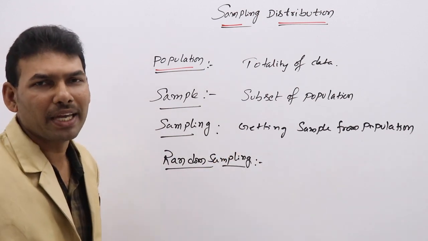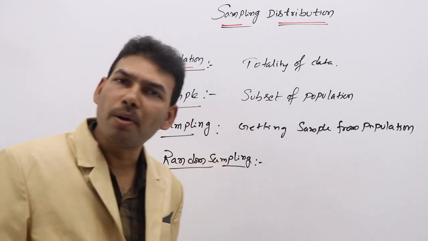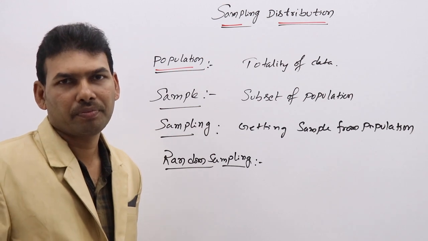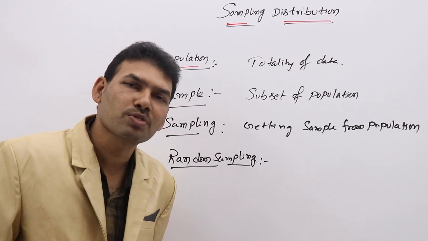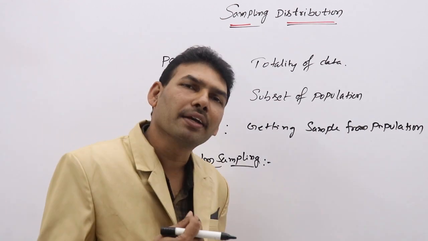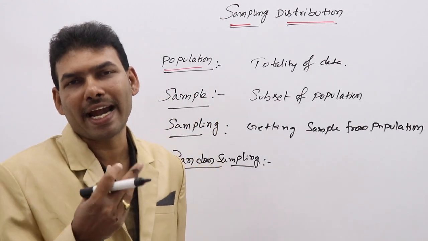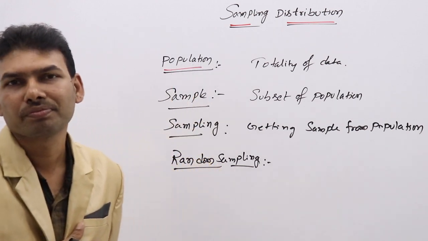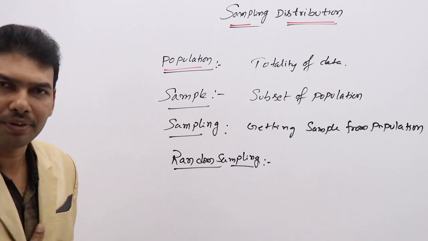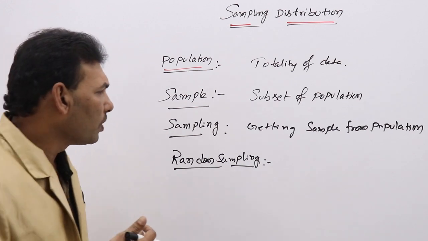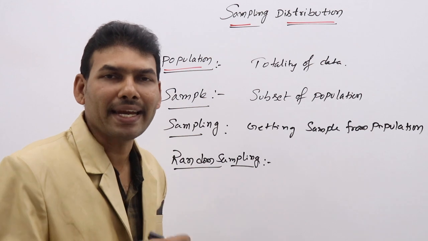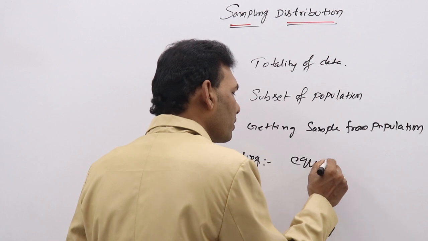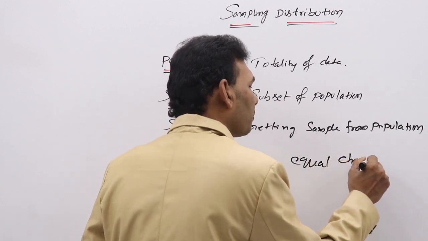Random sampling means getting a sample from the population in a random way. As per definition, how can we define random sampling? If you draw n samples from the population, each has an equal chance of getting selected. They won't depend on each other.